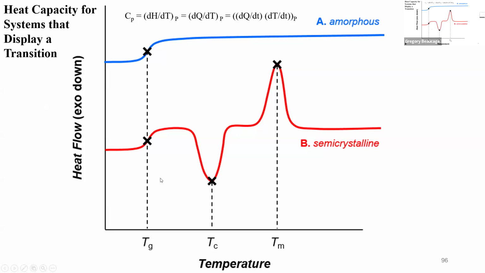I showed this earlier, but this is a polymer. This is actually PET, like a water bottle, or the plastic that's on top of these pens. It's nice because it's got a really clean DSC curve. This is heat flow. Basically, this is heat capacity if you multiply it by the ramp of the temperature rate. So you have heat capacity plotted against temperature.